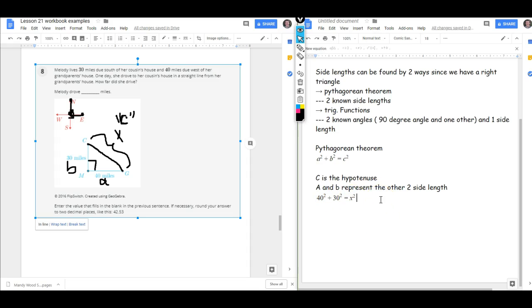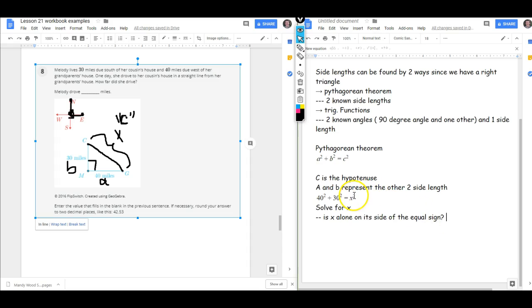The first thing I'm looking for, since we're going to solve for x, is to ask myself, is x alone on its side of the equal sign? No, it's not.